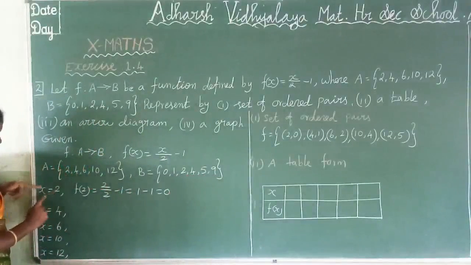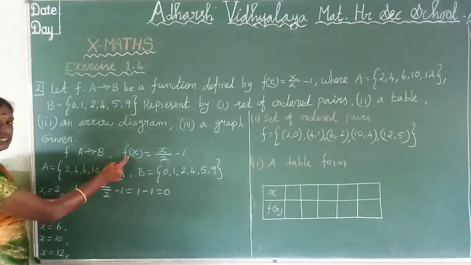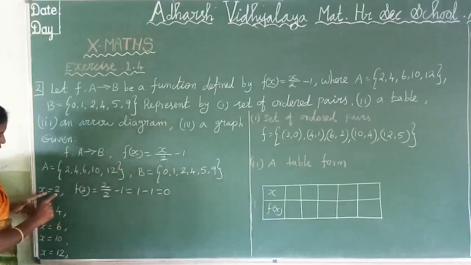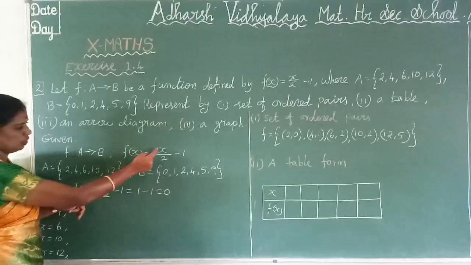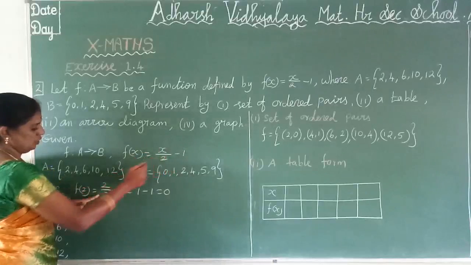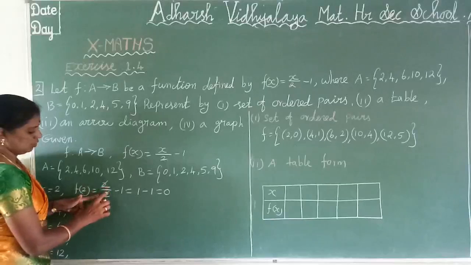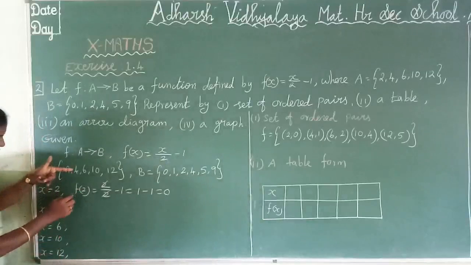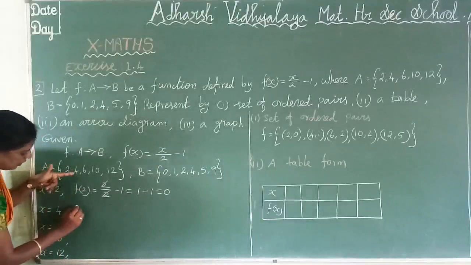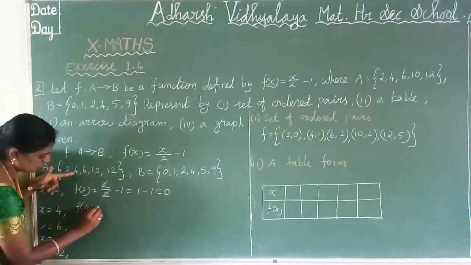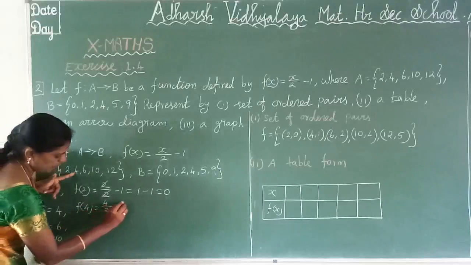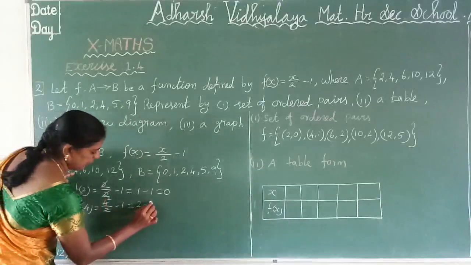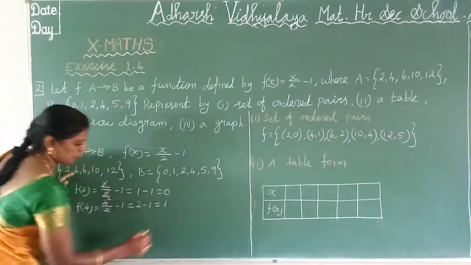First we take the x value x = 2 and apply this function. f(2) = 2/2 - 1. 2 cancels, so the answer is 1, and 1 - 1 = 0. Next apply x = 4. f(4) = 4/2 - 1. 2 twos are 4, so 2 - 1 = 1.